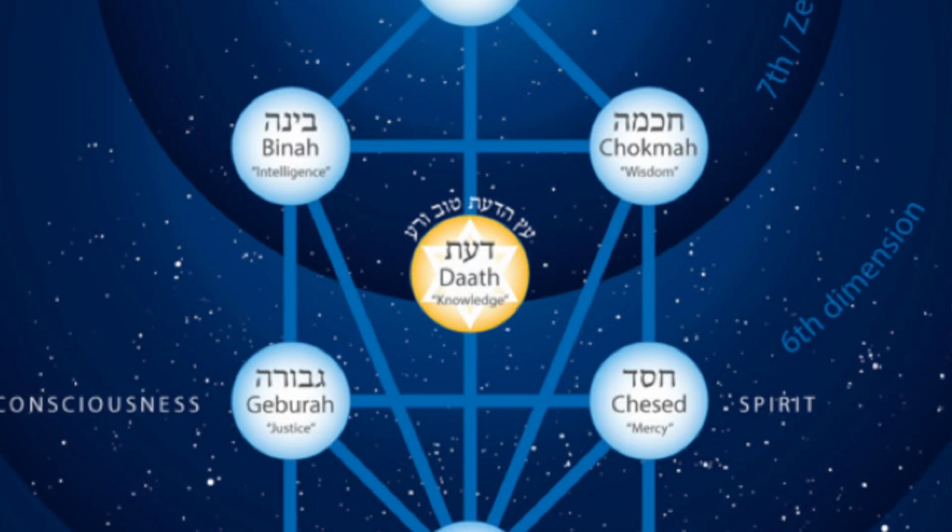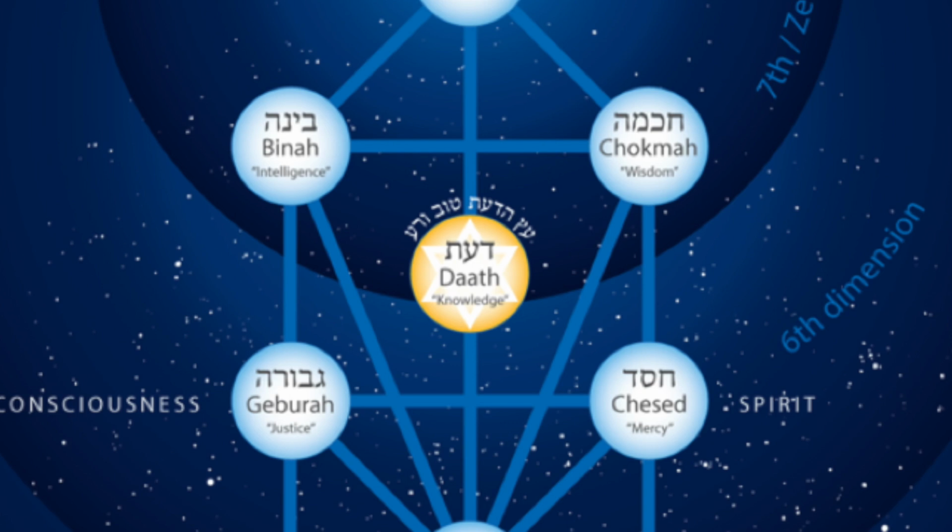Hesed on the right-hand side, on the Pillar of Mercy, this right-hand path of the tree, means mercy. On the left-hand side, the Pillar of Severity, right in the middle, for which it is named, is Geburah, which means severity. So these are different aspects of how we can deal with ourselves, with others in the world.